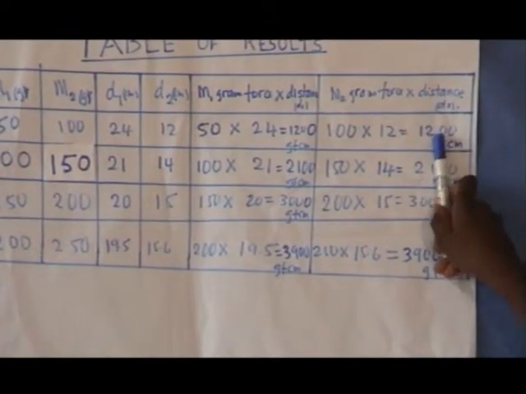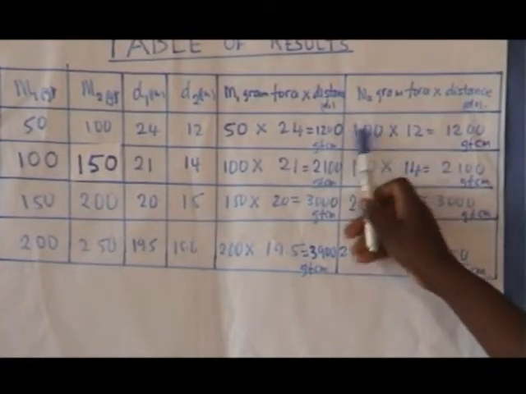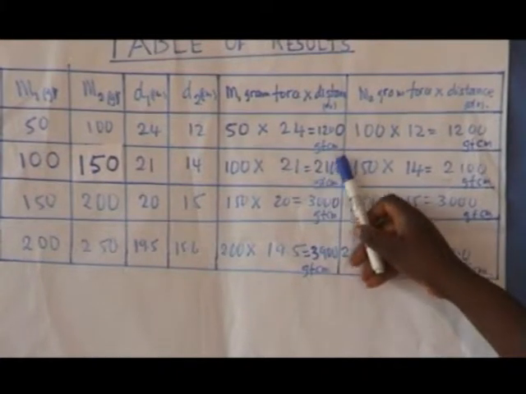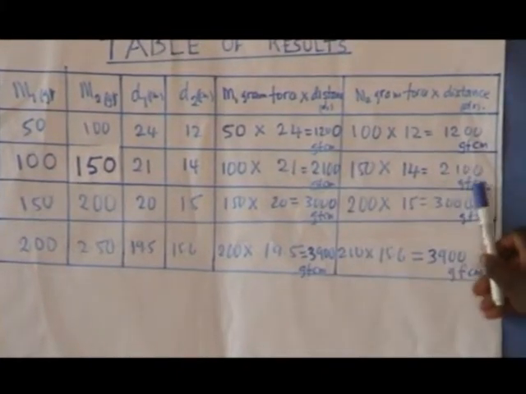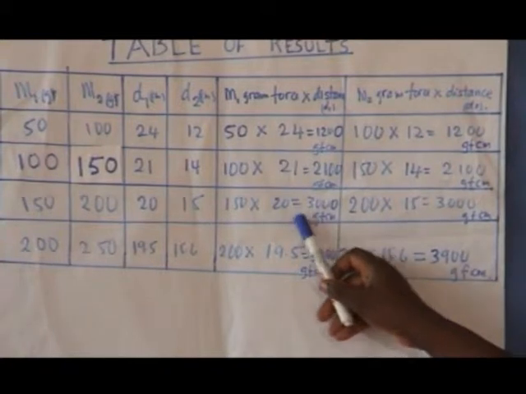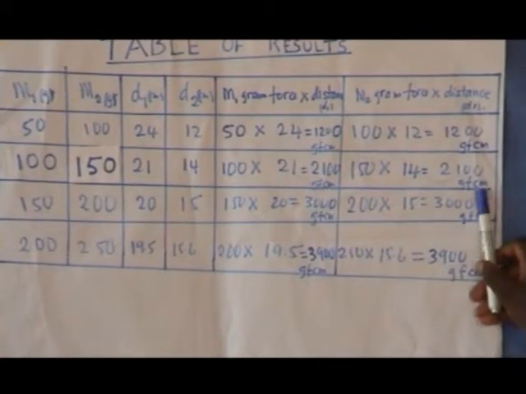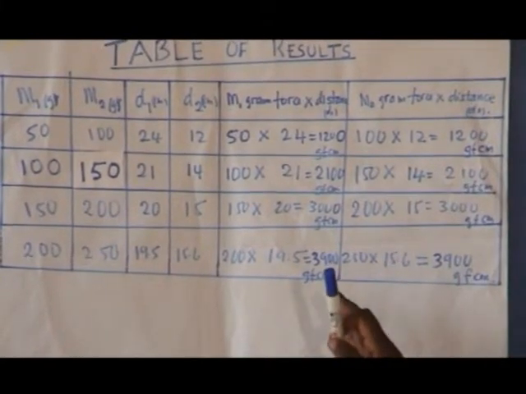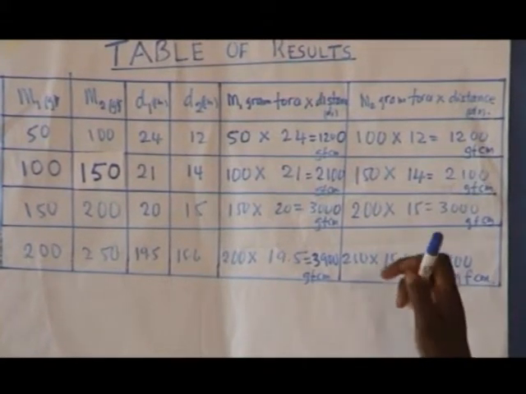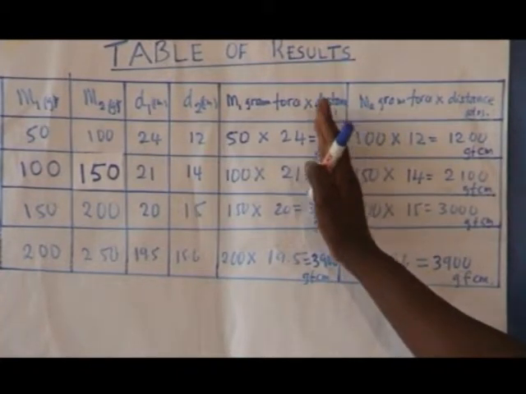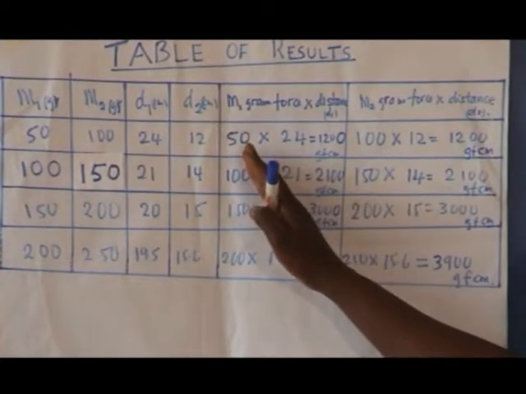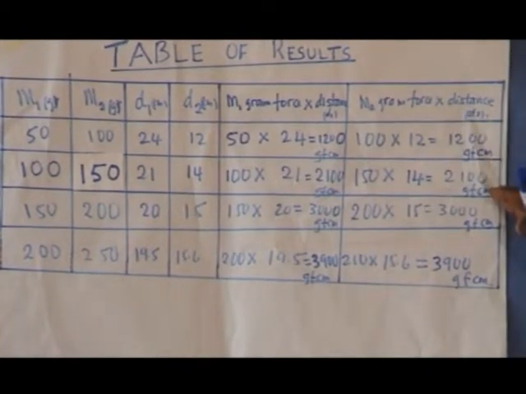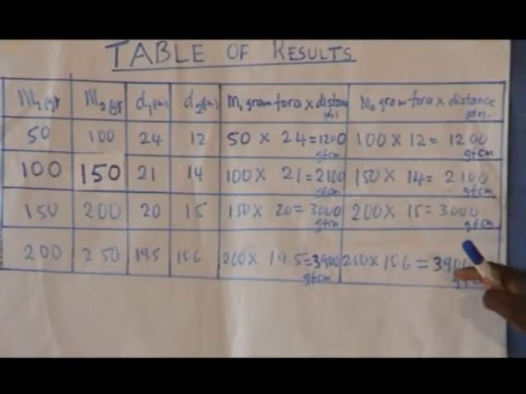That means this side balances. As you continue, this value and this value are the same. Likewise, this value and this value are the same, and this one and this one are the same. This means that the total moments in the clockwise side are equal to the total moments in the anti-clockwise side.